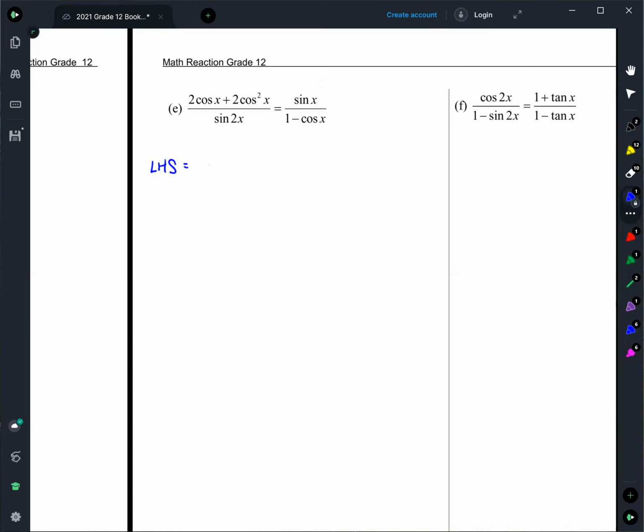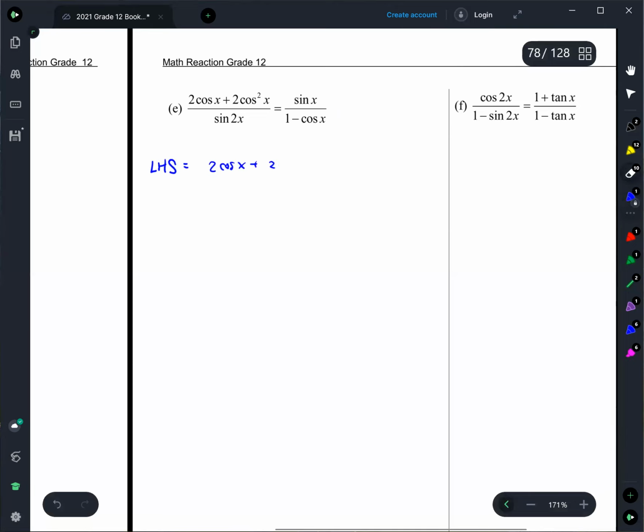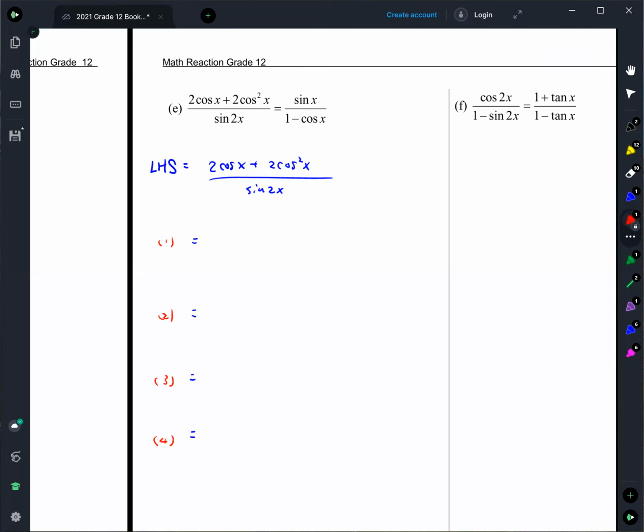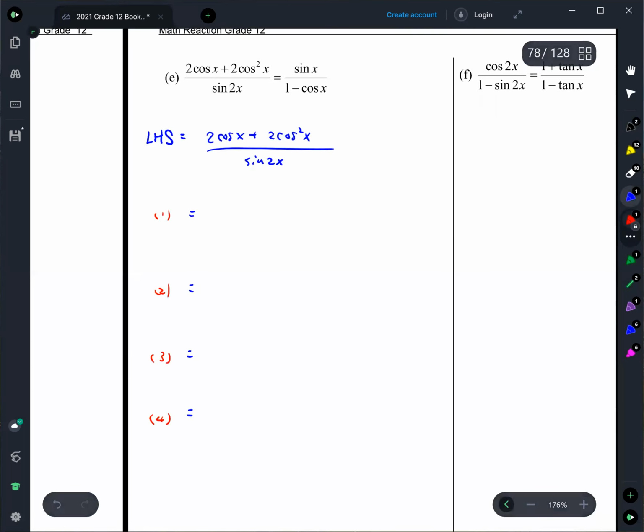I'm going to copy it one more time. What's our step 1? I don't know if it takes 4 steps, maybe more, I'm just writing it out.